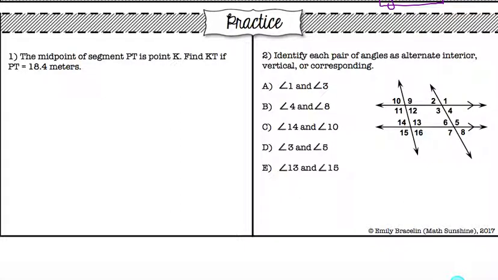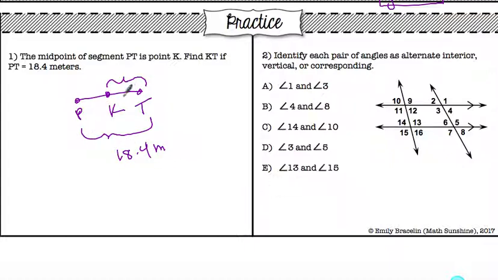And down at the bottom there are two practice questions. I would suggest that you pause the video and try these on your own. Number 1 says the midpoint of segment PT is point K. Find KT, which is this part here, if PT is 18.4 meters.